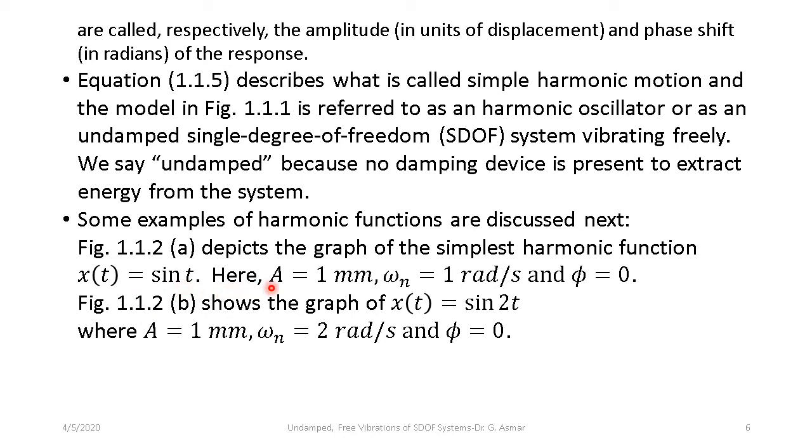Here, of course, a is 1 millimeter, omega n is 1 radian per second, and phi equals 0. Figure 1.1.2b shows the graph of x of t equals sine 2t, where the amplitude is still 1 millimeter, but now the frequency is 2 radians per second, and phi is still 0.